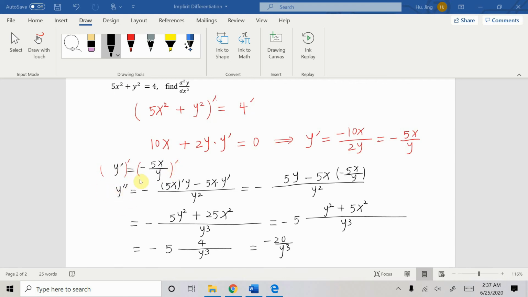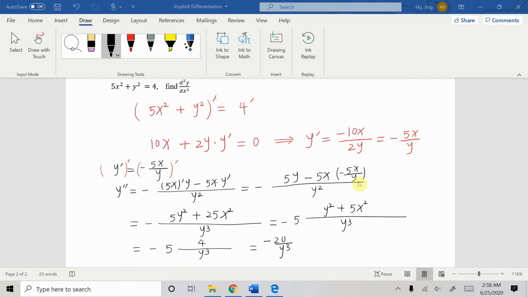Then the right side, we apply the quotient rule. Then we know x prime, because x is destination, is 1. So simply just 5y, then y prime stays there. Then because we already have the y prime, we replace y prime by this negative 5x over y.